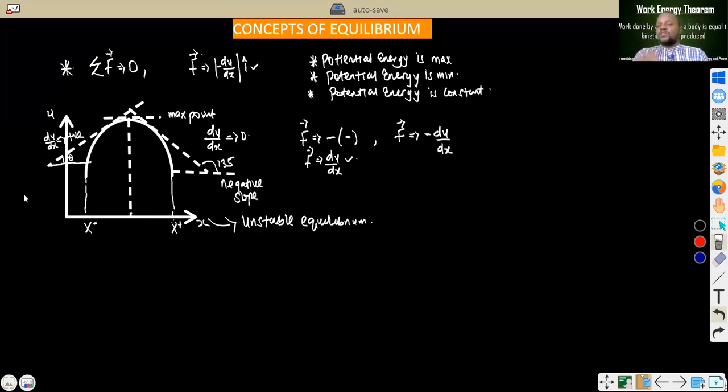So when a small force is applied to a body, and that force slightly displaces the body, and after it has been displaced the body cannot return to its original position, such a type of equilibrium is called unstable equilibrium.